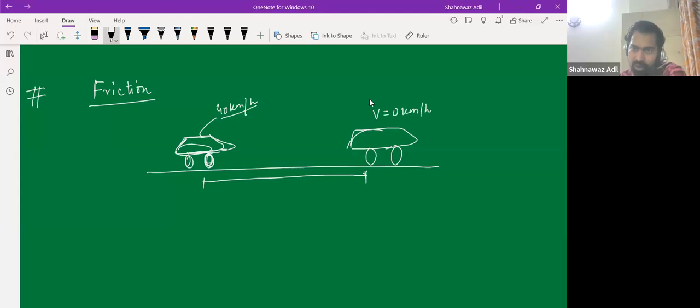So why did the speed become 0? Because there is no force to push the car.